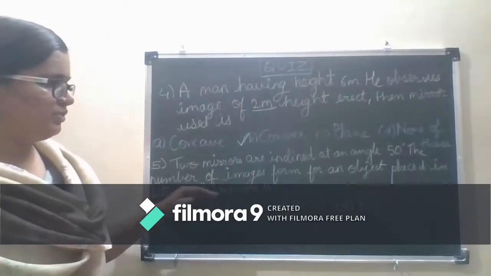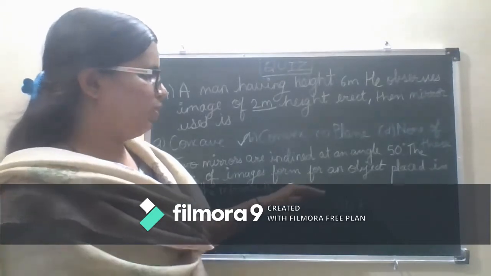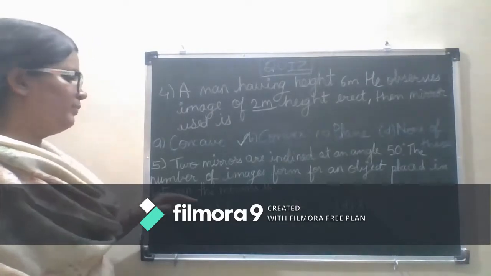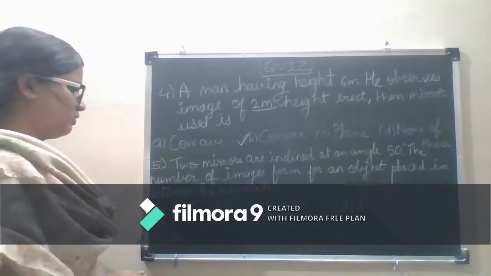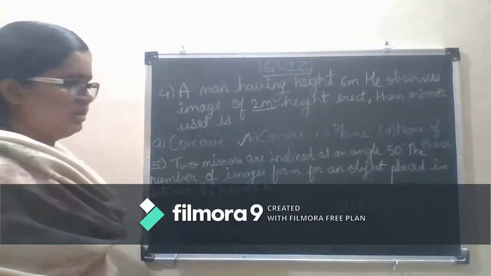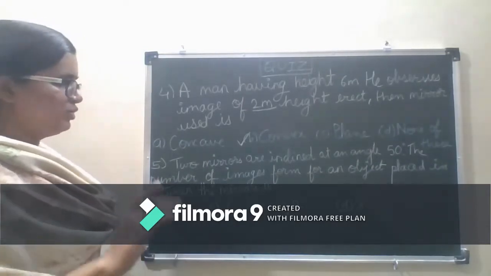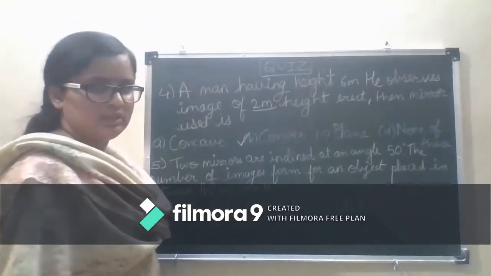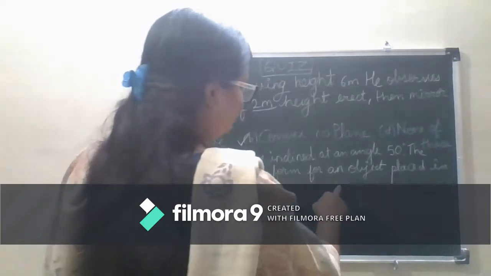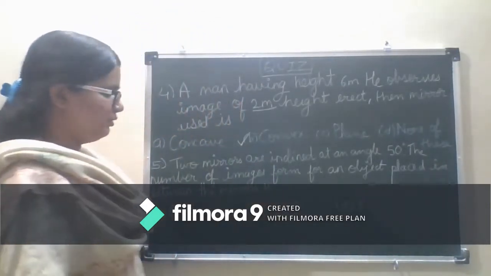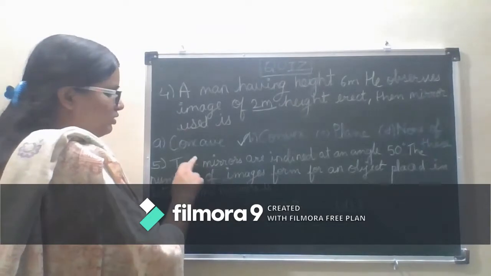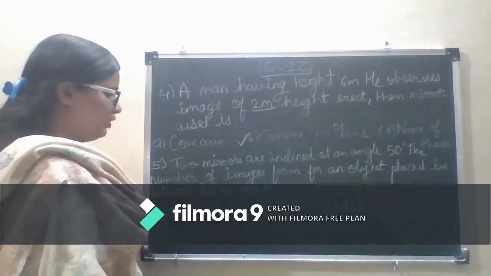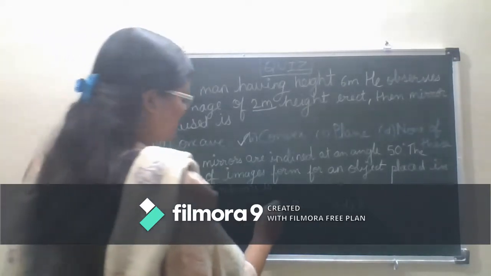Then the number of images formed for an object placed between the two inclined mirrors will be 7.